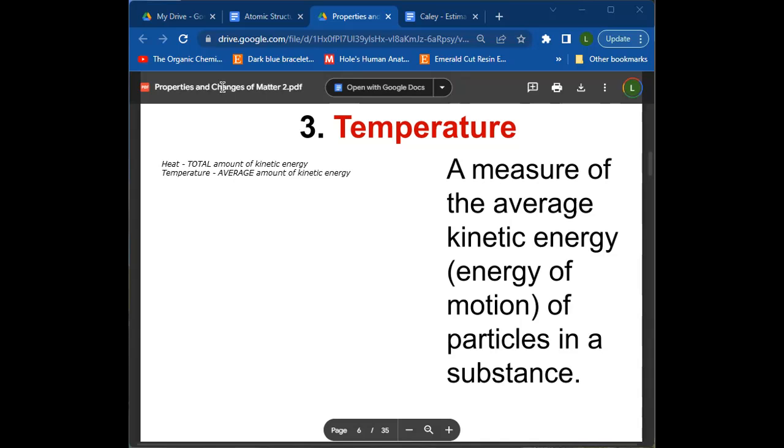Okay, so for example, if you have maybe a teacup versus a bathtub, they could both be at the same temperature, like the water inside them could both be at the same temperature.